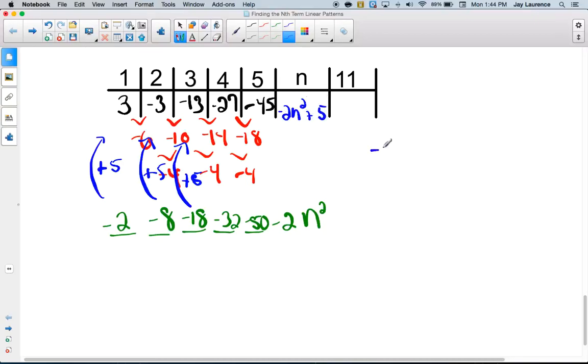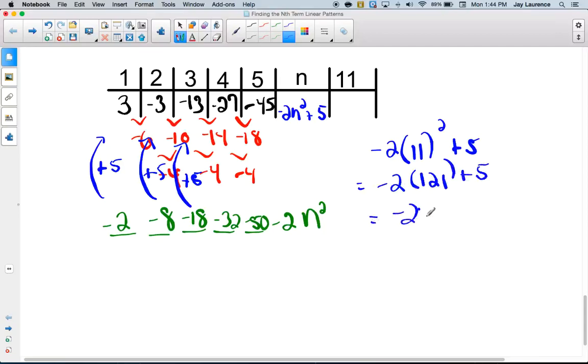To do 11, I'll do negative 2 times 11 squared plus 5. Negative 2 times 121 plus 5. That's going to equal negative 242 plus 5, which should equal negative 237.